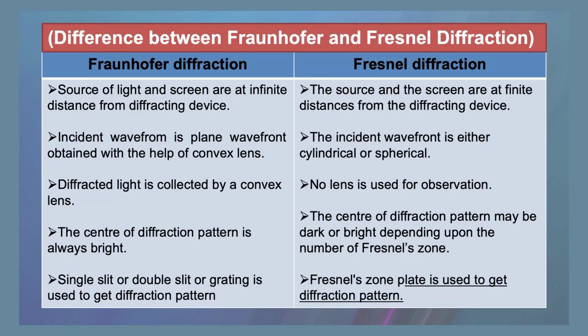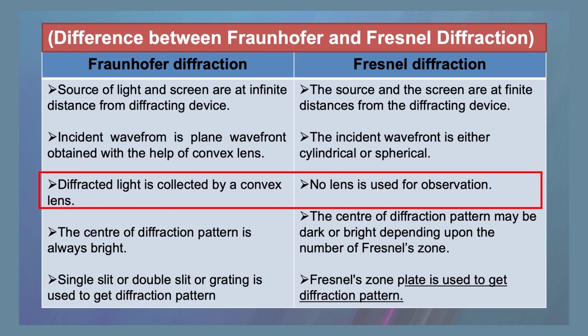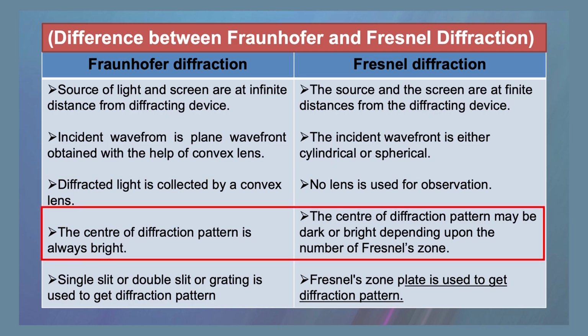The incident wavefront is a plane wavefront in the case of Fraunhofer diffraction, and in Fresnel we have a cylindrical or spherical wavefront. The diffracted light is collected by a convex lens in Fraunhofer diffraction; there is no lens used in Fresnel diffraction. The center of the diffraction pattern is always bright in Fraunhofer, while in Fresnel diffraction the center may be dark or bright depending upon the number of Fresnel zones constructed in the wavefront.